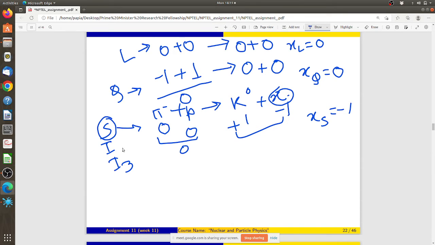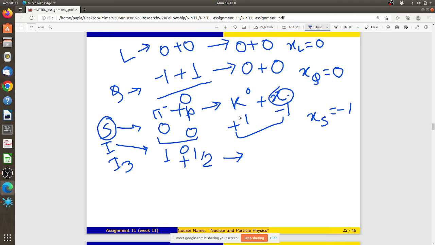Now coming to the I part. What will be the value of I here? For pi minus, I is 1 because there are 3 particles in that family: pi 0, pi minus and pi plus. So I equals 1, and P is half.